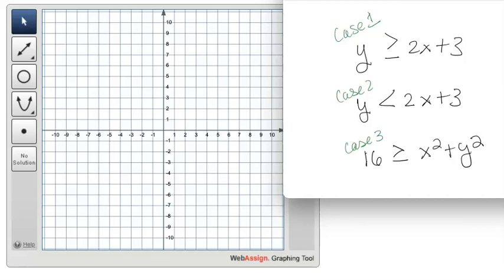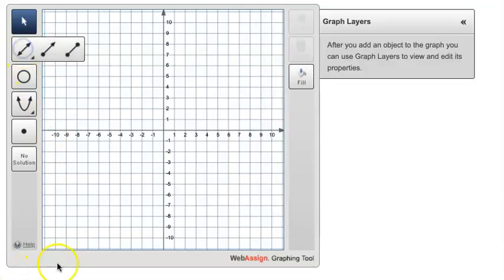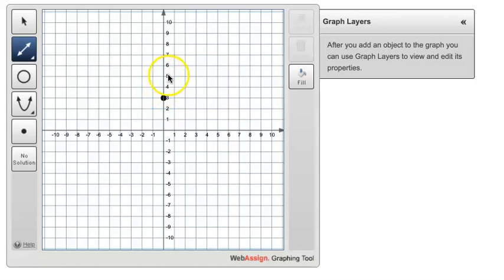Let's try the second case. The second case says y is less than 2x plus 3. We have a line. I'm going to pick up the first line tool. It has to have the arrows. So I'm going to do 2x plus 3. Remember, you need 2 points. I choose to use my y-intercept and my slope.